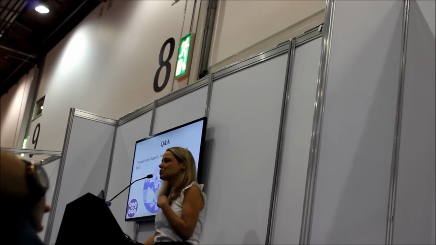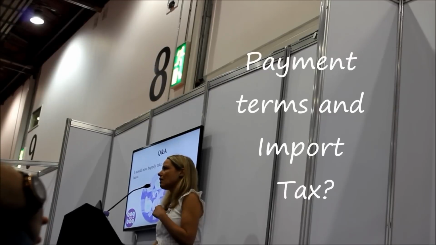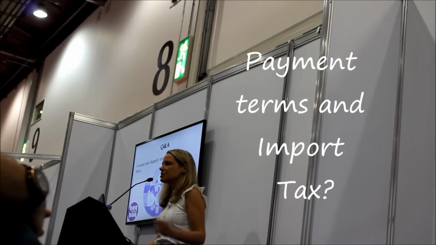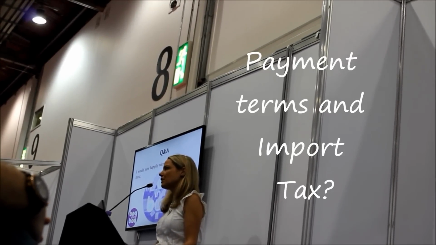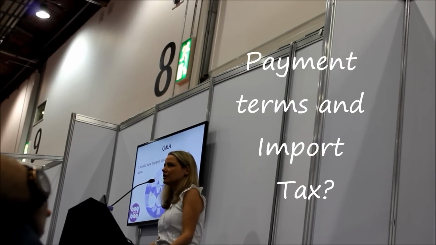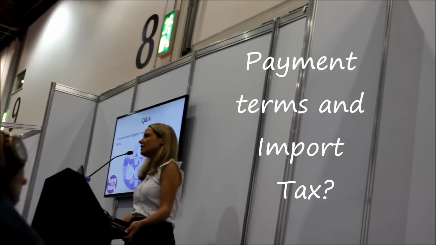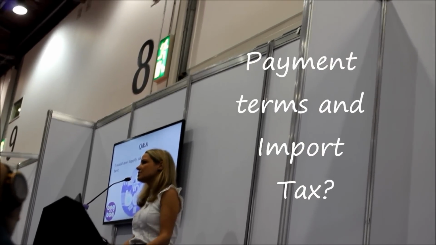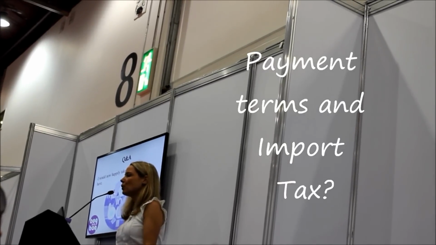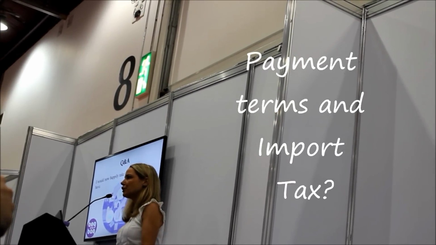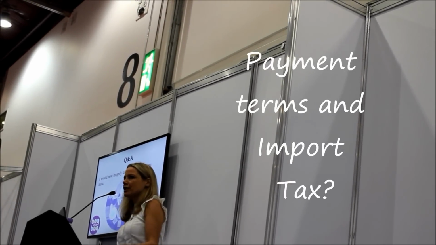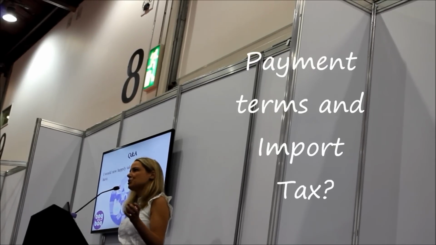Okay, the two questions were, I'll tackle the first one first, which was what were the payment terms. I'd say that's pretty standard across most of the factories I've dealt with out there, which is 30% on order and 70% basically when the stock's done and it's delivered to port. I always buy things FOB, which basically means the factory produces them and then I have a shipping agent who ships them over for me.